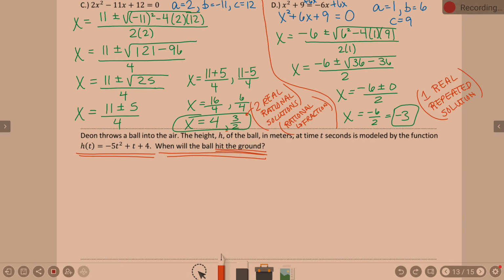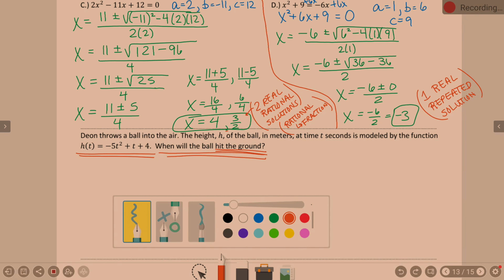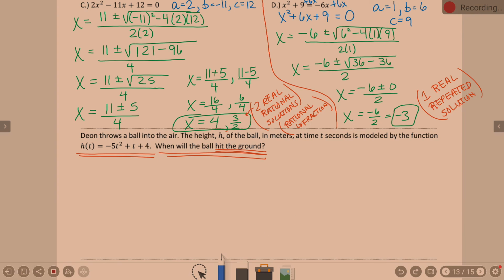What are your thoughts? What do we have to set up? If the question is when will the ball hit the ground? This is height, yes?